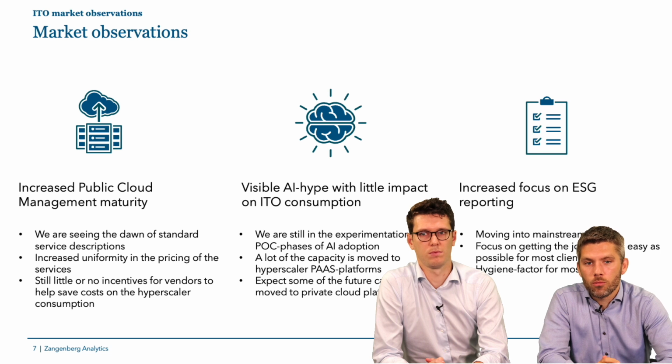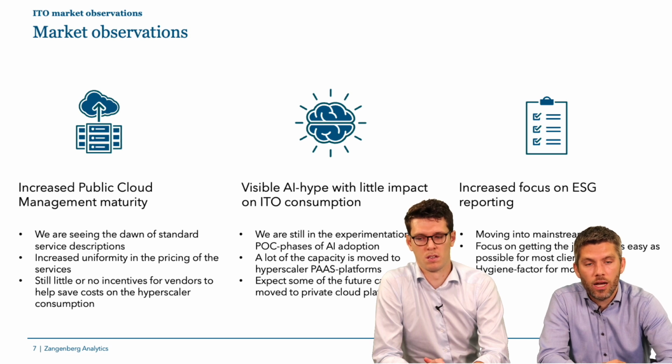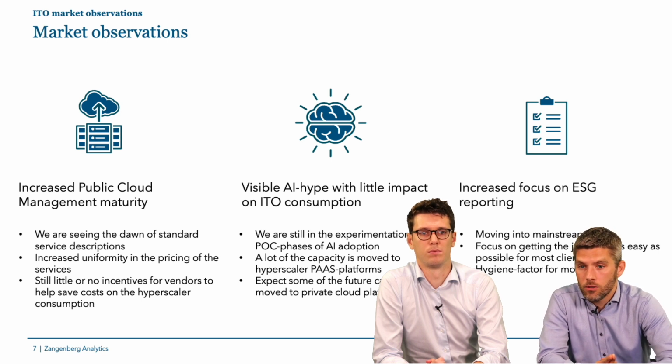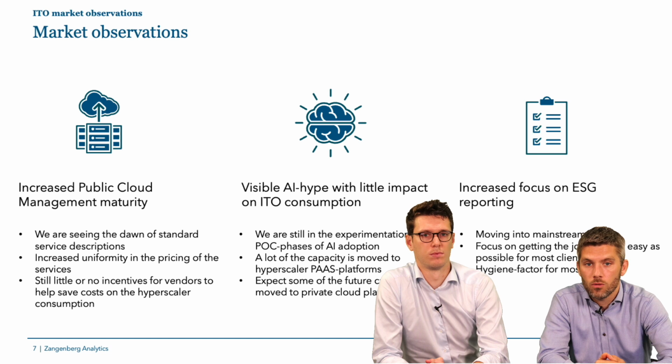You also begin to see the smaller vendors providing you with all you need to do AI, in a way where you don't have to put it into a public cloud domain, and that can be beneficial with regards to GDPR and other areas around privacy settings. So this is definitely something that's going to move, but as of now, we don't see a lot of consumption in the ITO market that is directly coming from AI.